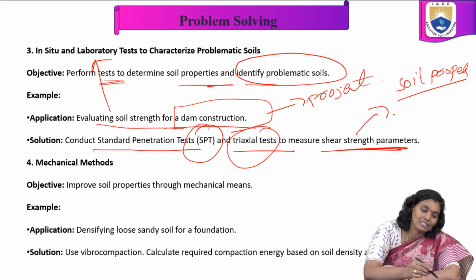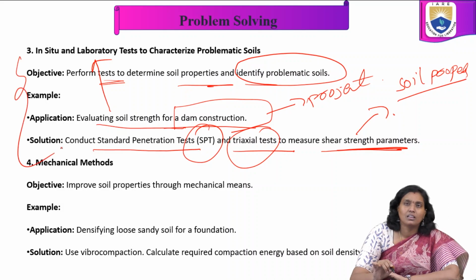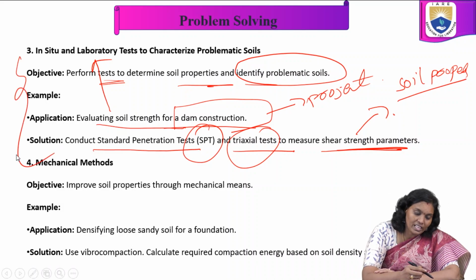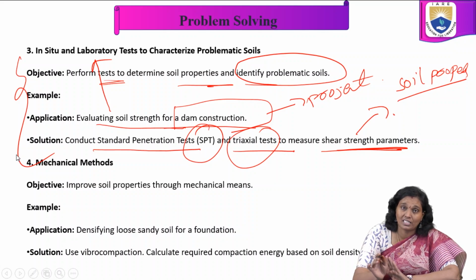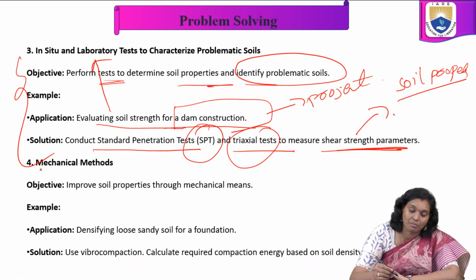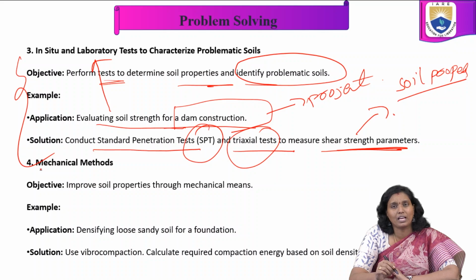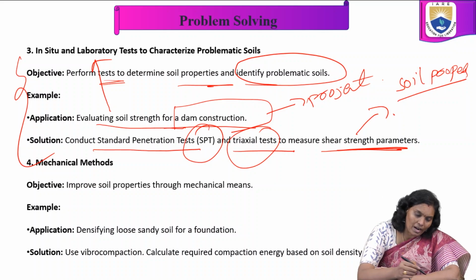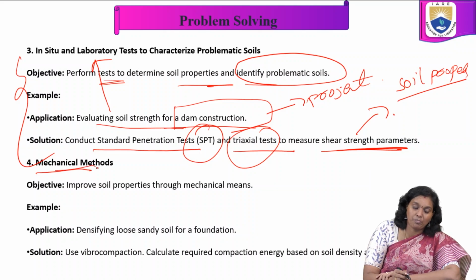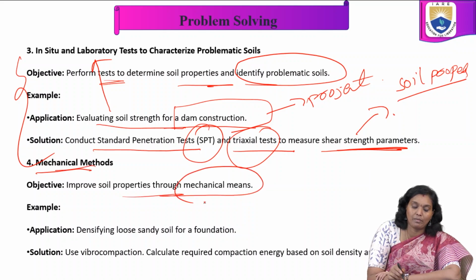These are the basic things that come from these laboratory tests. In this we categorize various kinds of methods: mechanical methods, physical methods, chemical methods, hydraulic methods and thermal methods. Among these, mechanical methods improve soil properties through mechanical means.